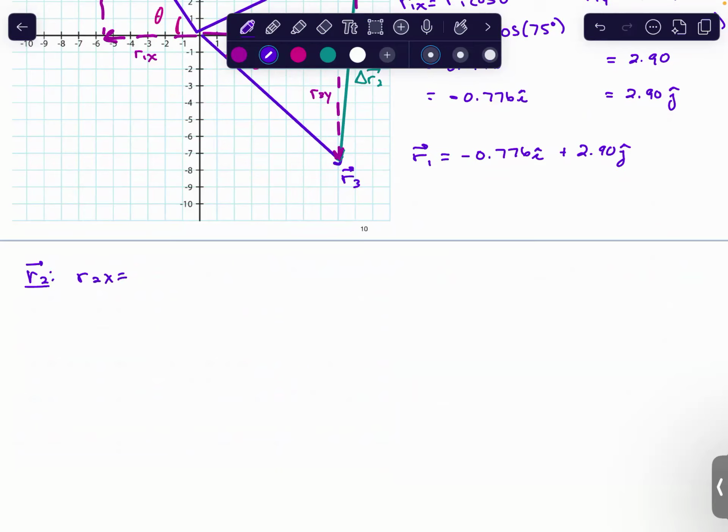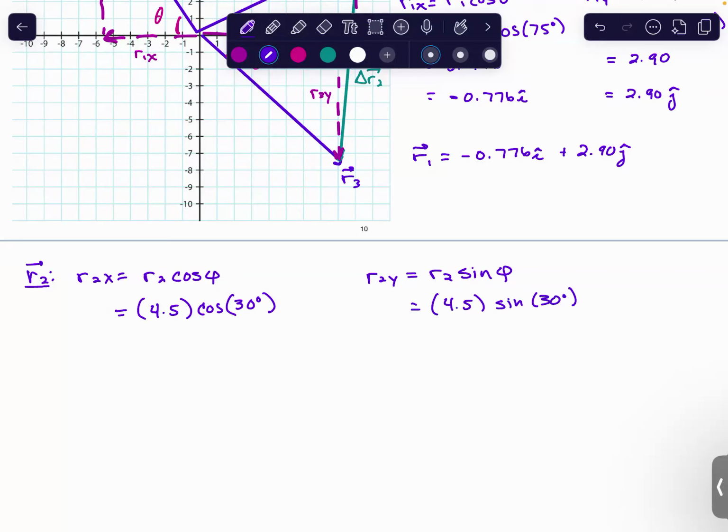R2x is going to be R2 cosine of phi, R2y, R2 sine of phi. All right, magnitude of R2, 4.5. Cosine and the angle for R2 give us 9 and 2.25.